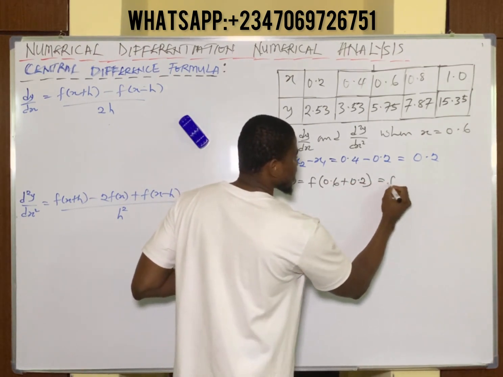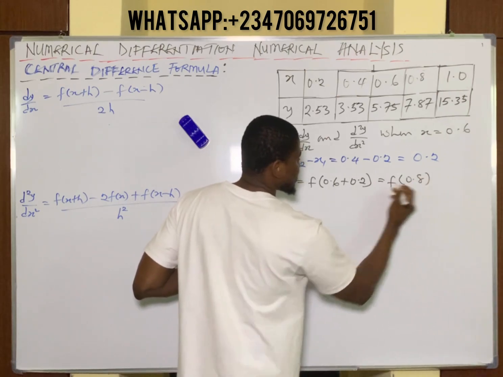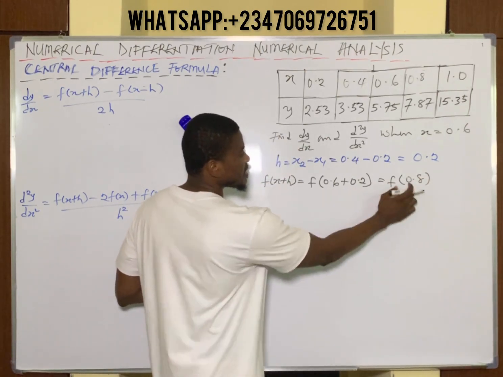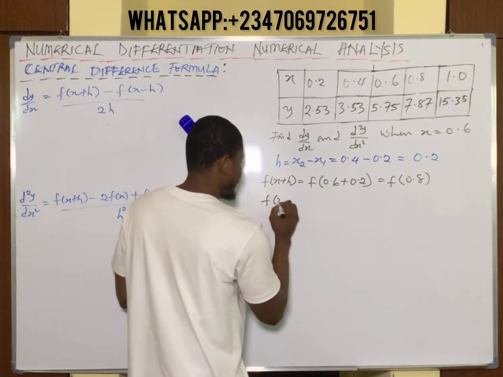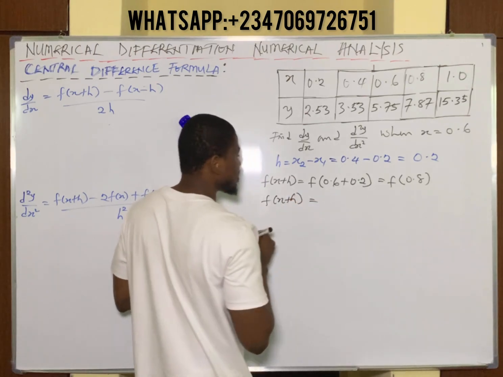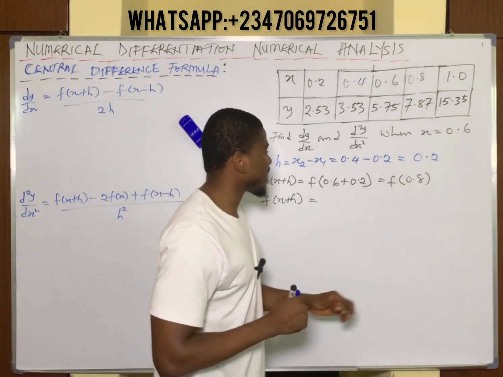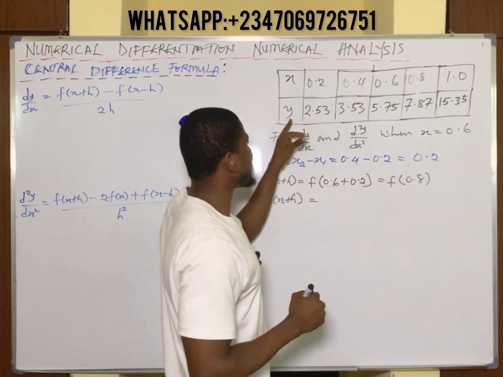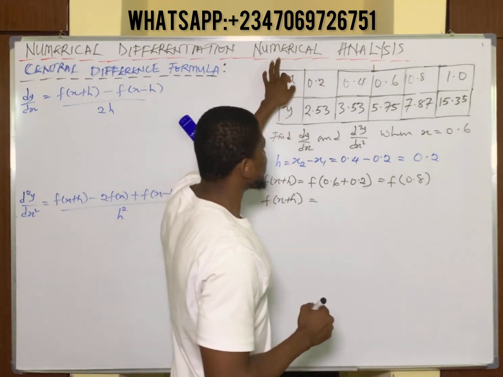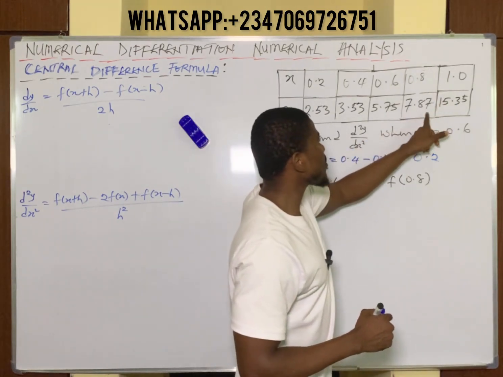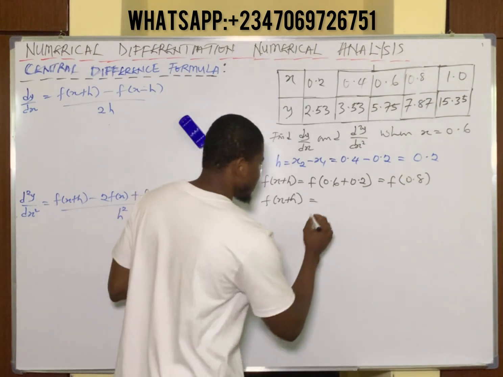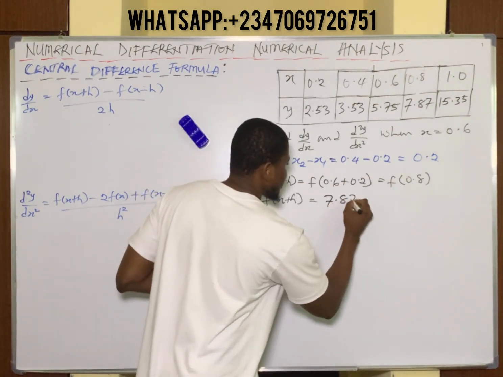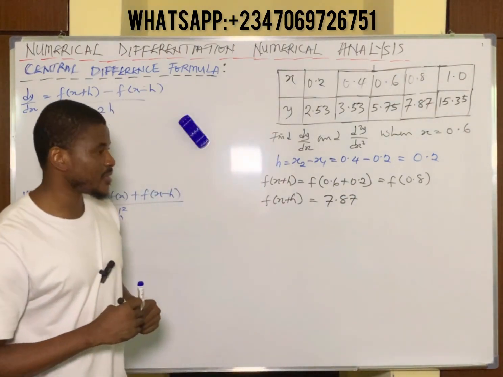So this is f of 0.8, because 0.6 plus 0.2 gives us 0.8. This means whenever x is 0.8, what is the value of y from the table? From the table, when x is 0.8, y is simply 7.87. So f of x plus h is simply 7.87. So that is settled, right?